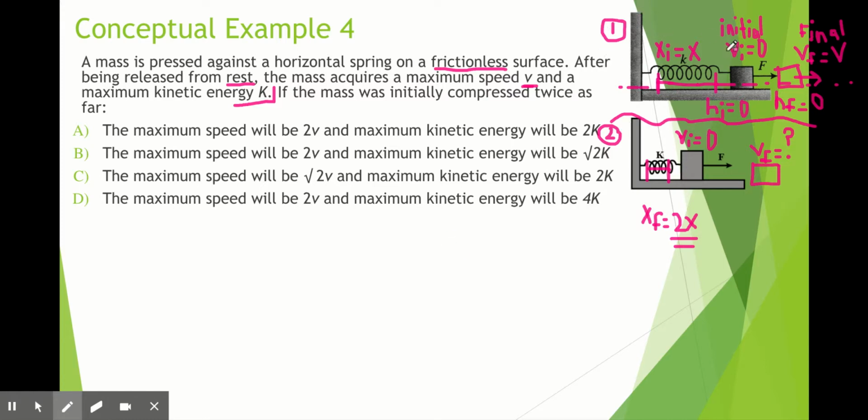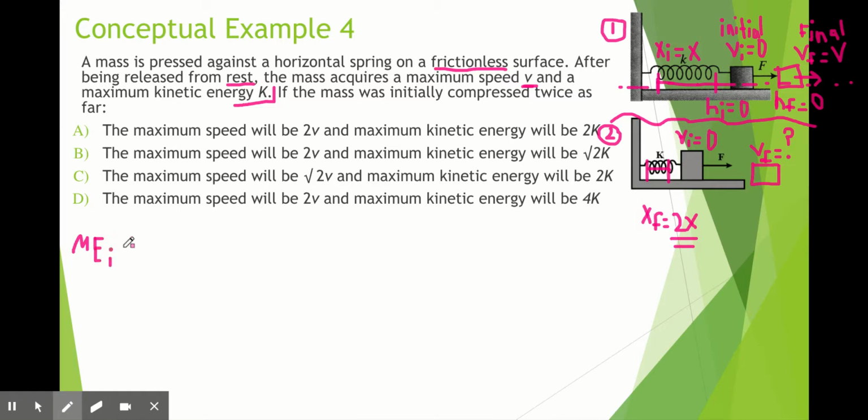Okay, so in situation 1, let's take a look at what our equation would look like. Initially, what kind of energy do we have? I was going to say kinetic or mechanical energy.